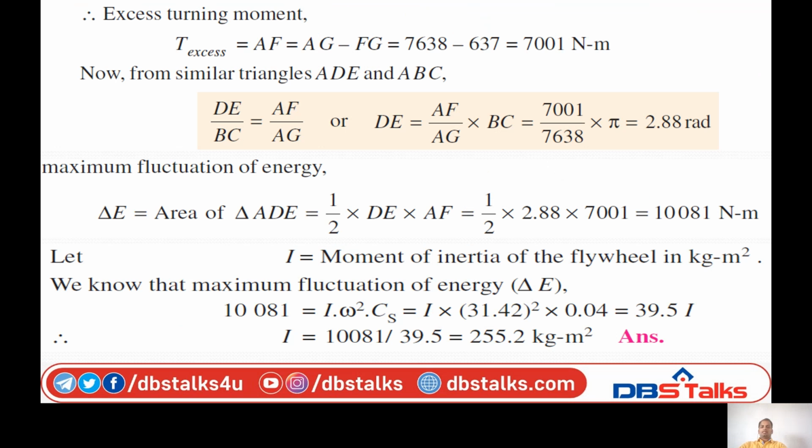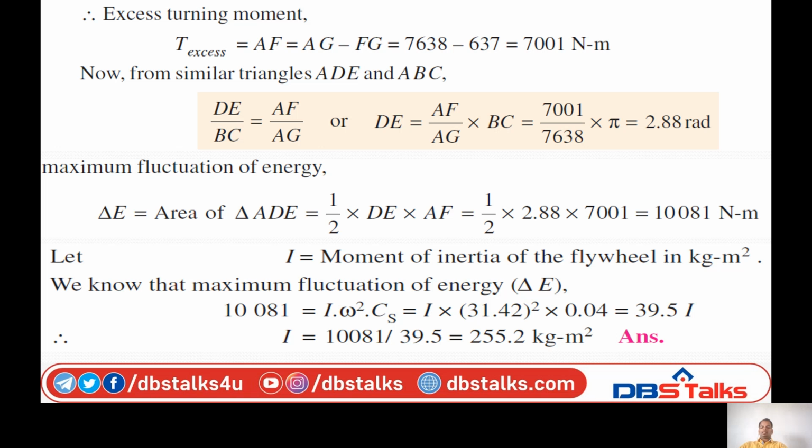Now from the similar triangles ADE and ABC, both are similar, we can directly apply DE by BC is equal to AF by AG, so DE is finally 2.88 radians.